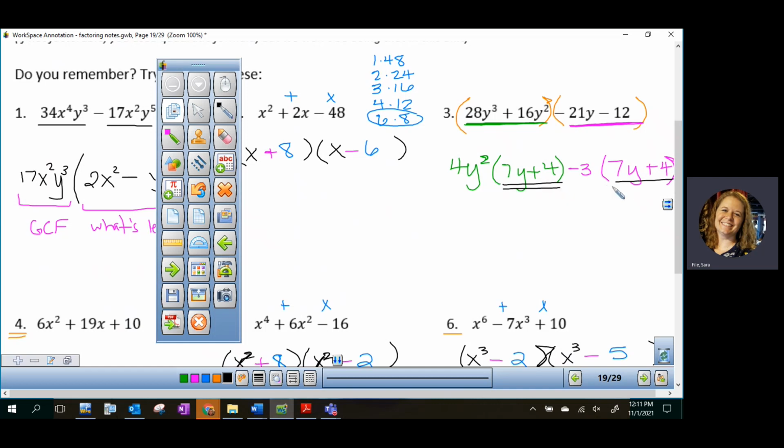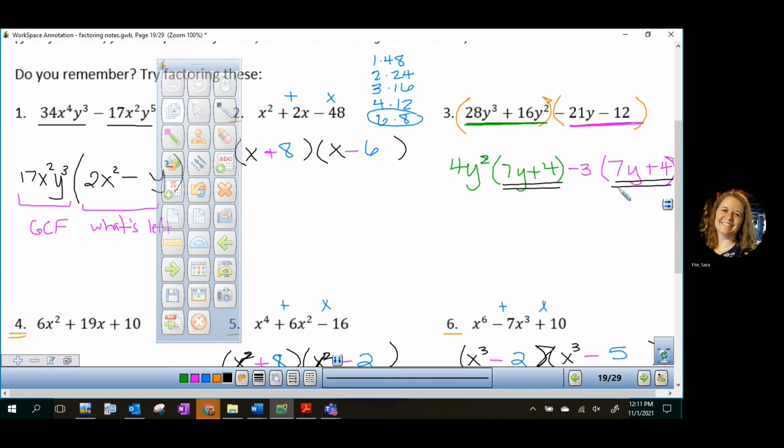Those two sets in parentheses, what's left after you take out the GCFs, those should come out the same. That's how I knew I needed to take out the negative. If I had not taken out the negative and just the 3, it would have been -7y minus 4. It wouldn't have matched. So that's how sometimes you'll see, am I supposed to take out the negative or not? You need to do whatever to make these match.